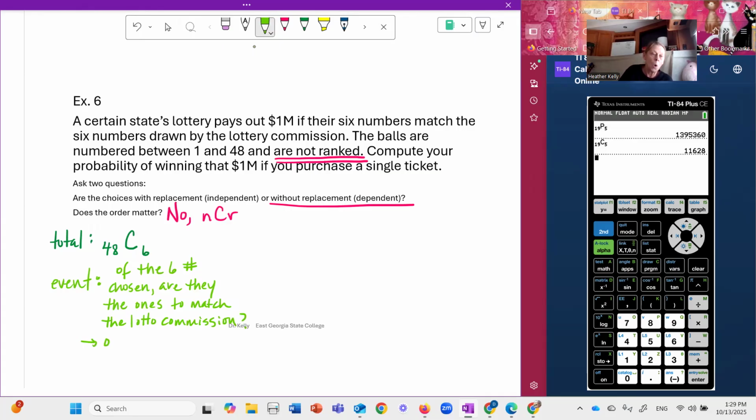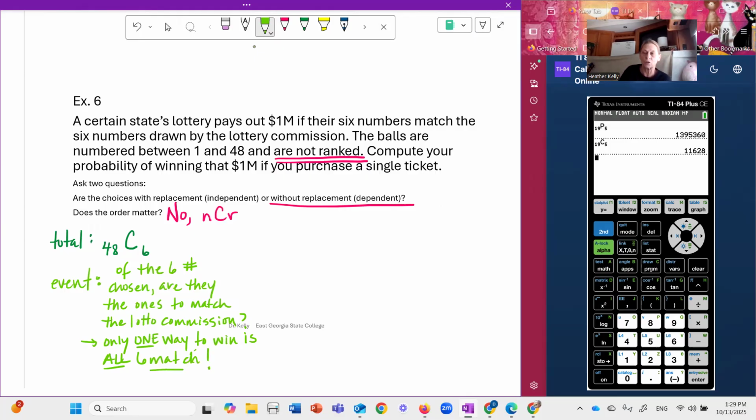There's only one way to do this, and all 6 have to match.